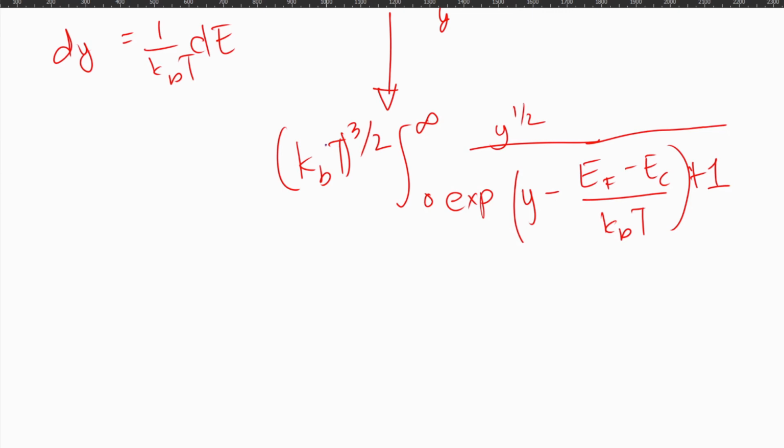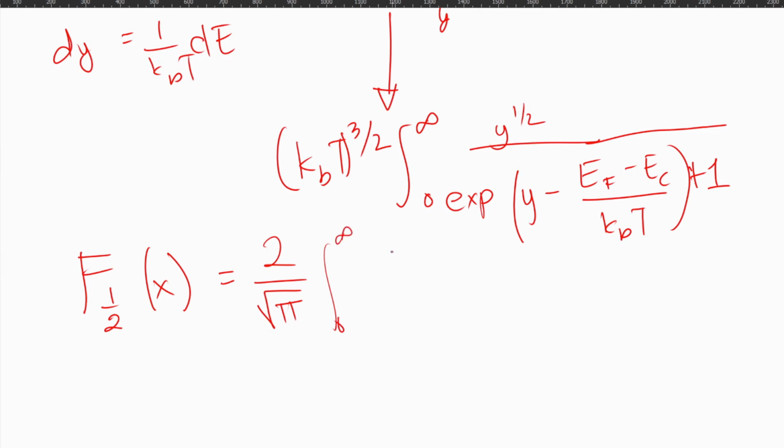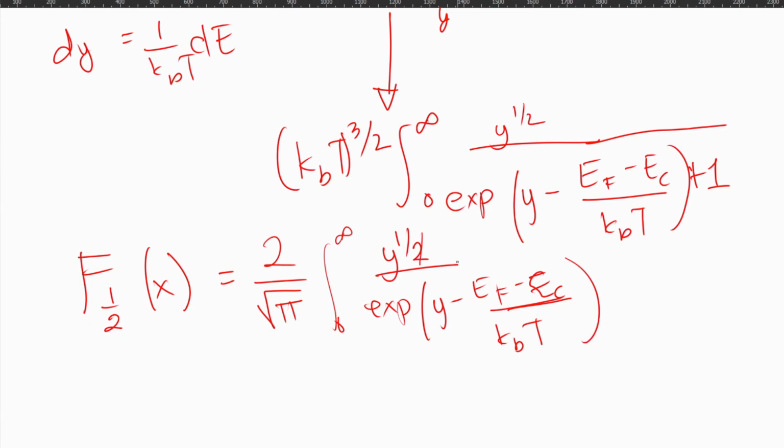Then, we can define yung ating Fermi-Dirac integral. So we can define what we call the Fermi-Dirac integral, usually represented by F 1 half of X, is equal to 2 over square root of pi, integral from 0 to infinity of Y to the 1 half over exponential of Y minus (EF minus EC) over KBT plus 1 dy.